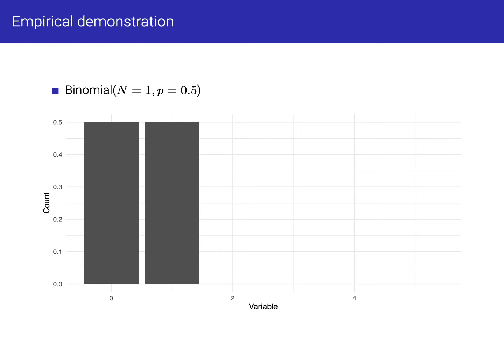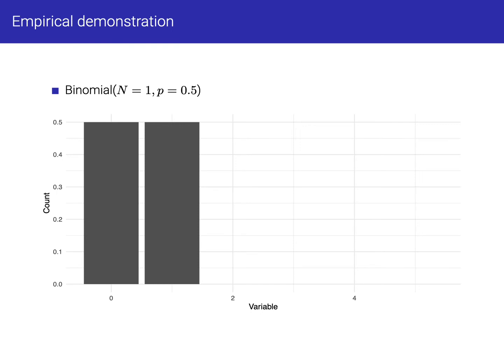So this is what the distribution looks like. This is what the probabilities look like. You actually have a probability of 0.5 of the event not occurring at all, so 0 times, and a probability of 0.5 that it occurs 1 time. And nothing else, which makes sense because in a binomial distribution with only one trial, the event can only occur once or not at all.